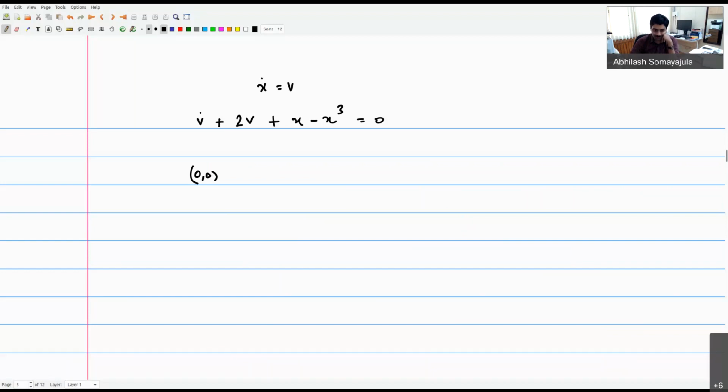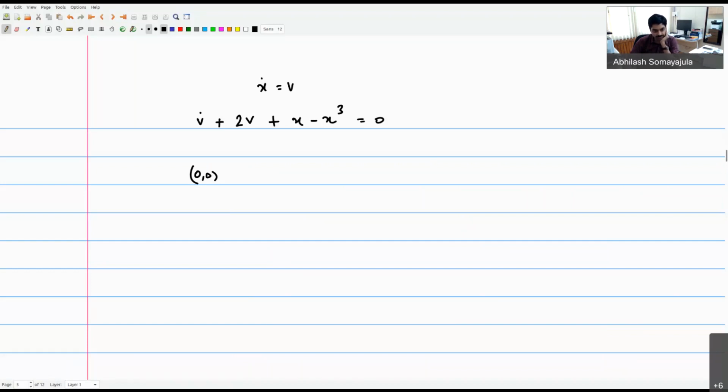Were we able to choose an appropriate Lyapunov function? Yes, anybody?